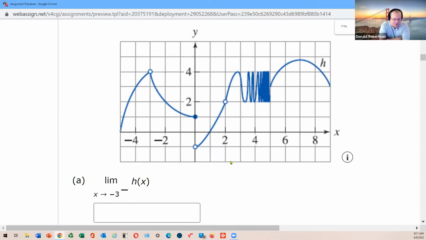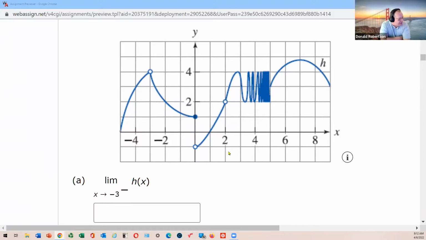The limit as x tends to 0. DNE. Doesn't exist. Would you agree that at this point the left branch and the right branch are not the same place? Does not exist. DNE.